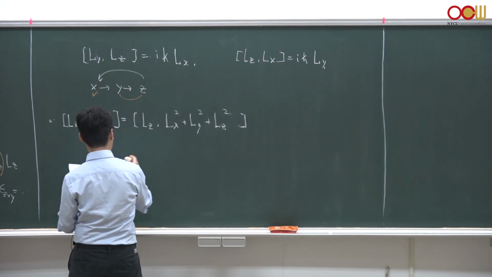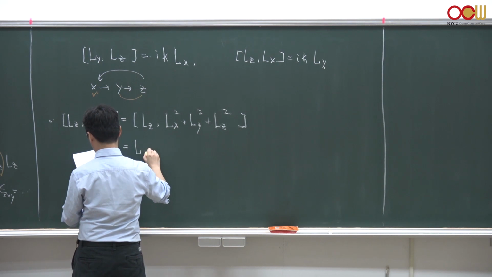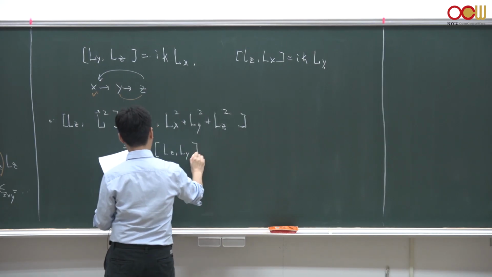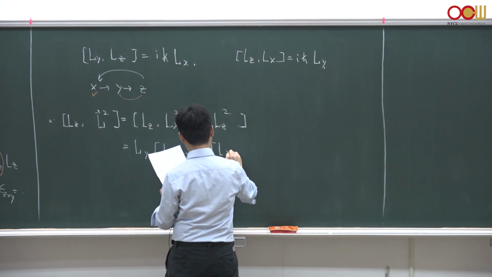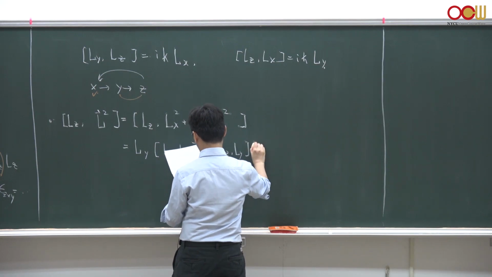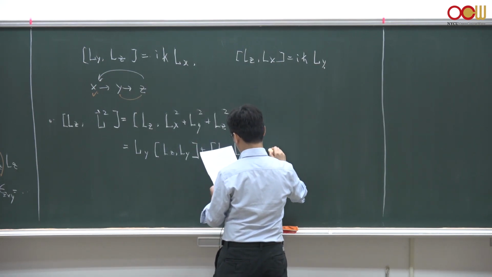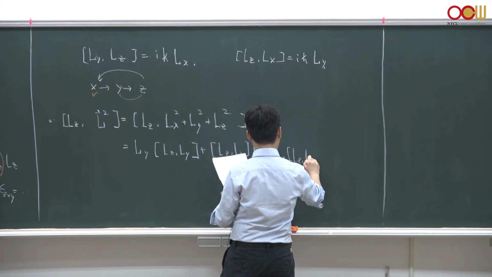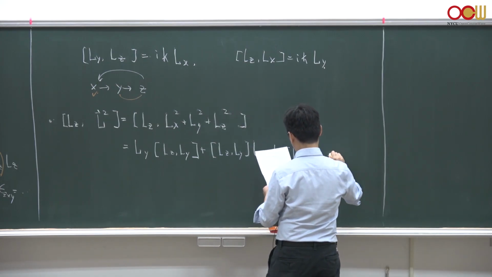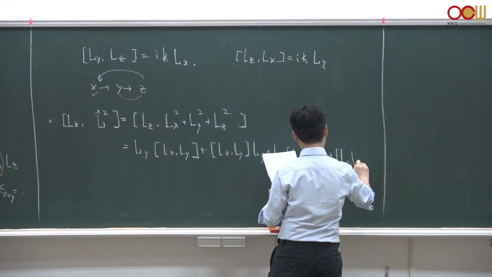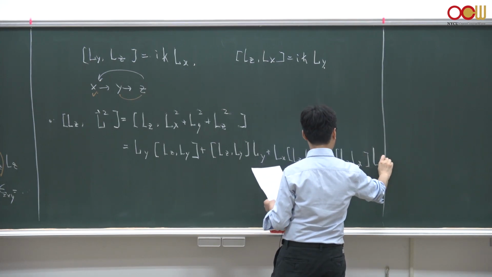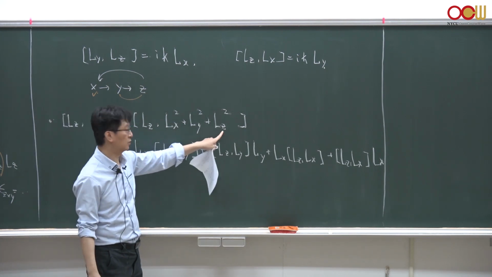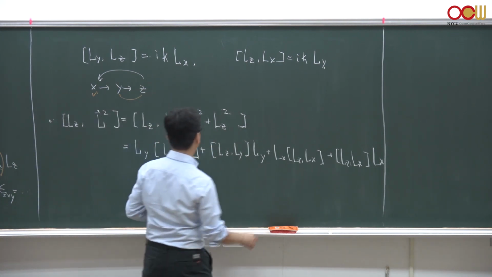This is given by the commutator of Lz with Lx squared plus Ly squared, since Lz commutes with Lz squared, so you don't even bother calculating this.